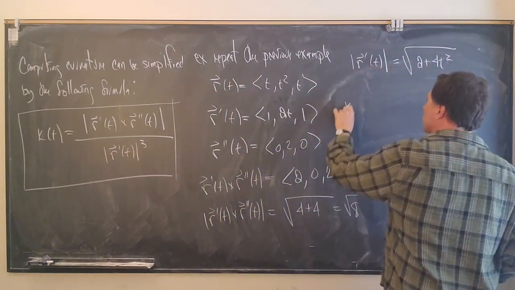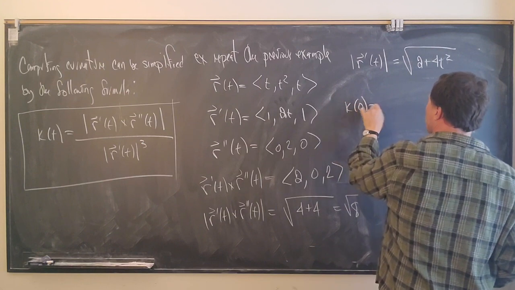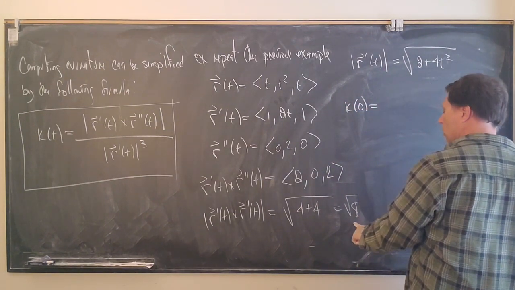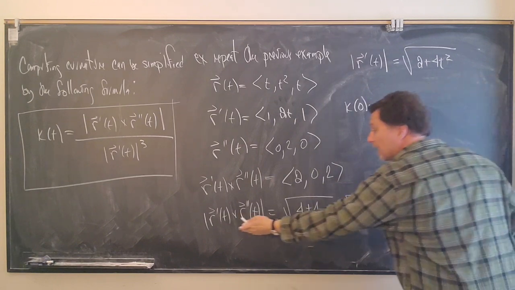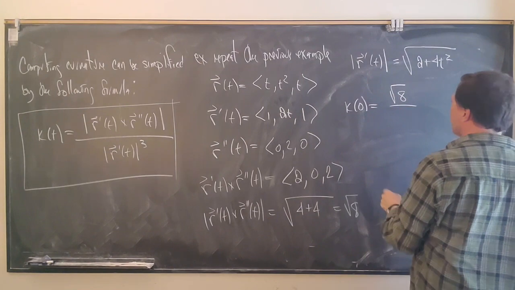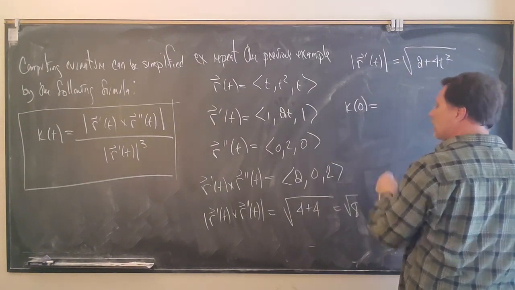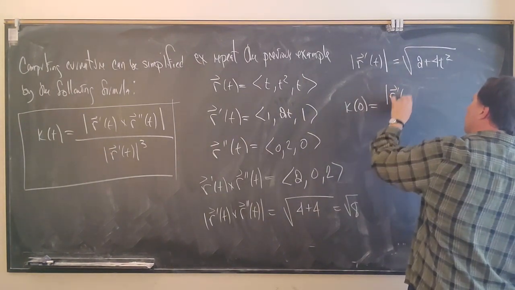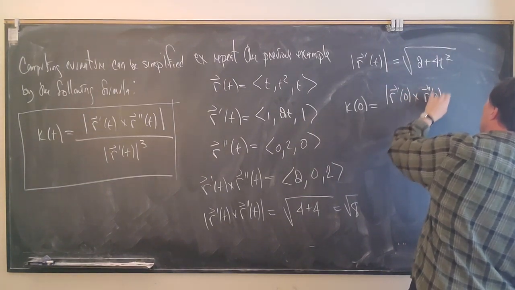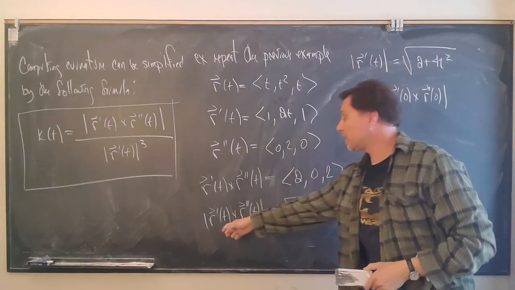So the curvature at 0 is going to be the magnitude of r prime of 0 cross r double prime of 0, which means just plug zeros in here.